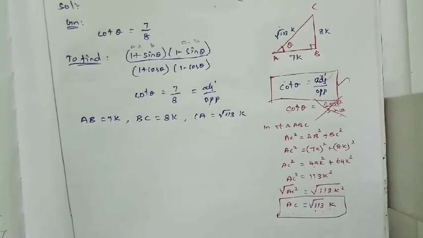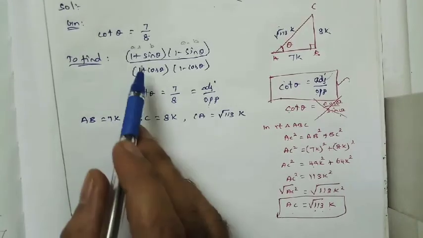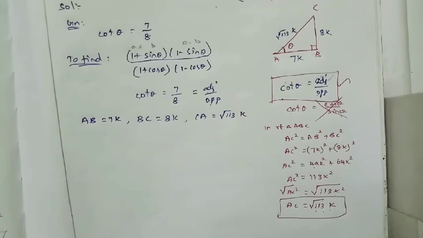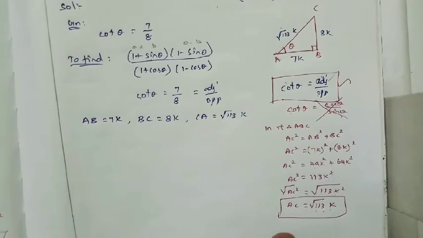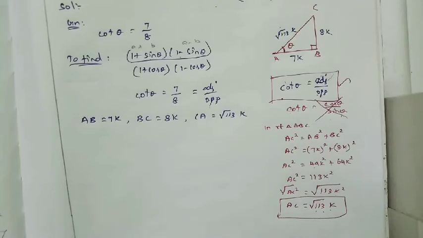Likewise we can apply it, otherwise no need. Directly we can find sin theta and cos theta, substitute and simplify one by one. You will get the same solution. Whatever you feel is easy, you can go with that method.